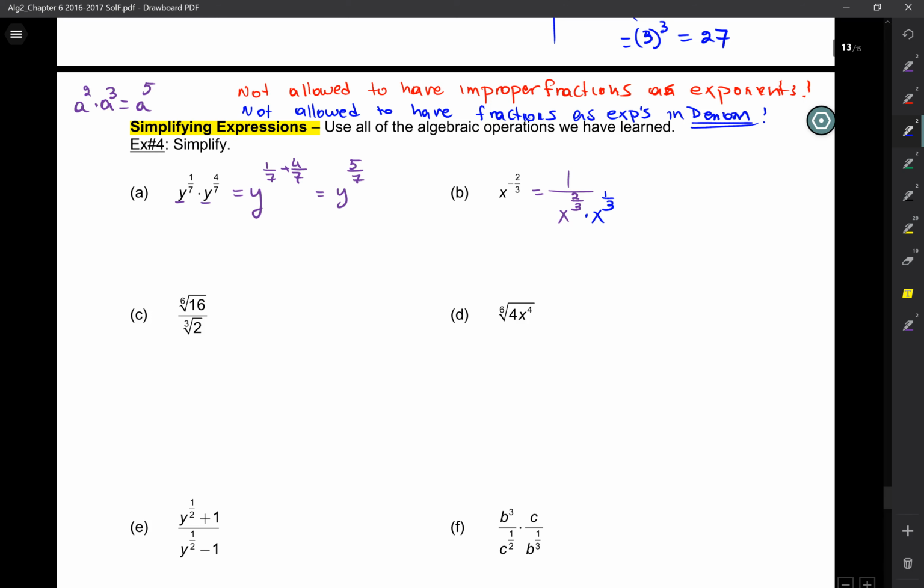Make the numerator and denominator the same. And you have to do the same thing to the top. So in the bottom, I now have x to the 3/3. And in the top, x to the 1/3. Well, what's x to the 3/3? It's x to the 1, which is just x. So I have x to the 1/3 over x. There we have it. Okay? That I can deal with.